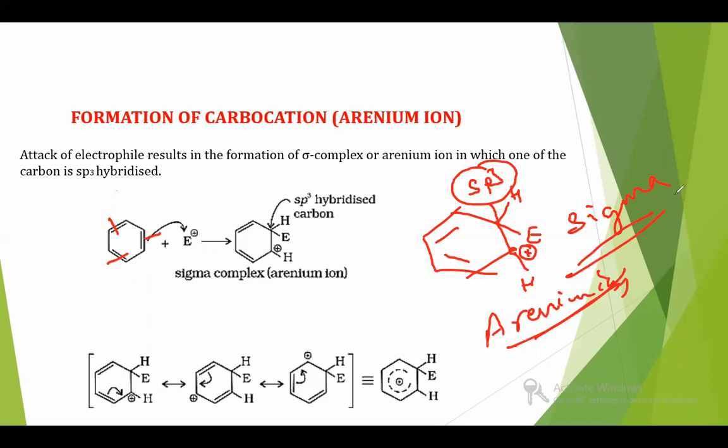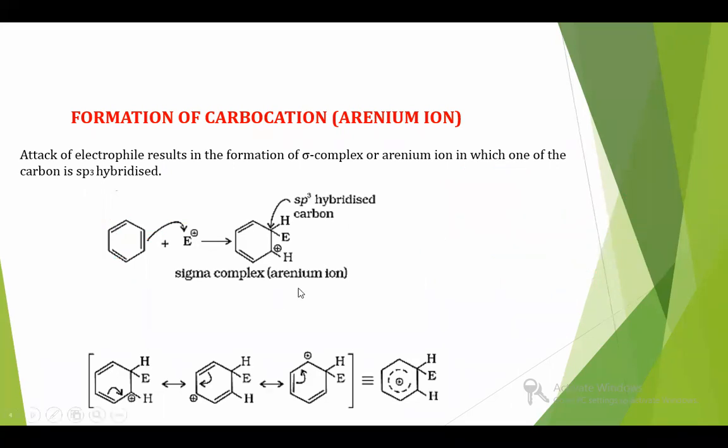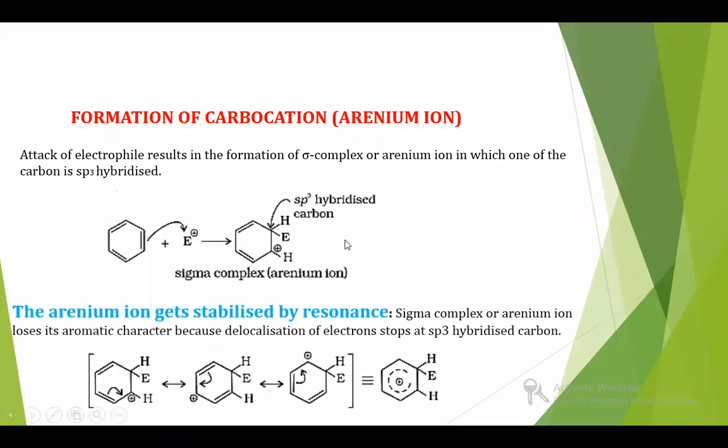Second step: after the formation of the carbocation, or arenium ion, it gets stabilized by resonance. The sigma complex loses its aromatic nature because there is no conjugated pi system.